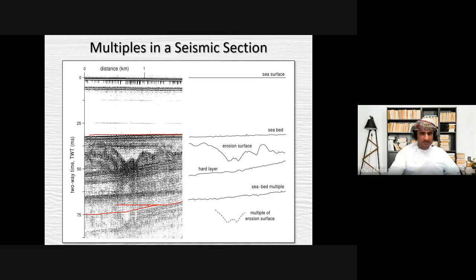Otherwise, you will be disturbing or covering your original reflections. There might be another reservoir in this section, but you are obscuring it because a multiple is on top of it, which is the seabed multiple.